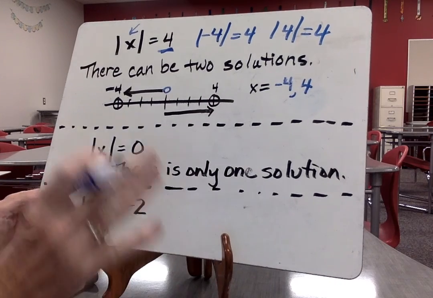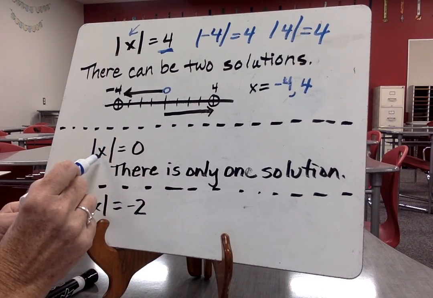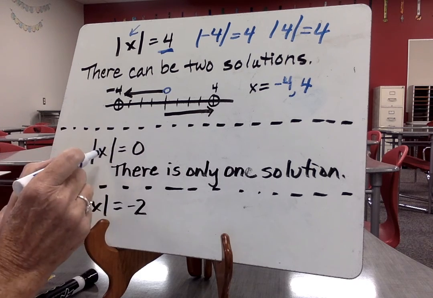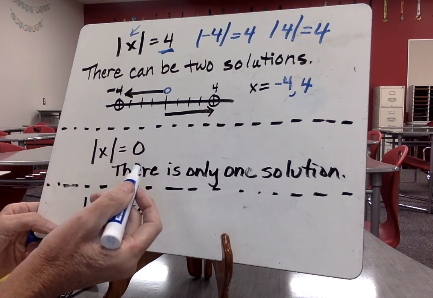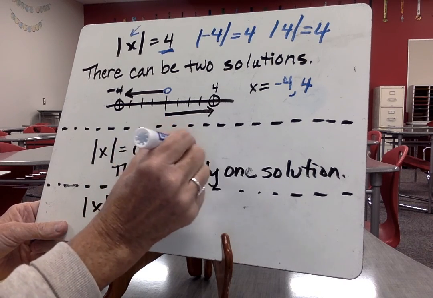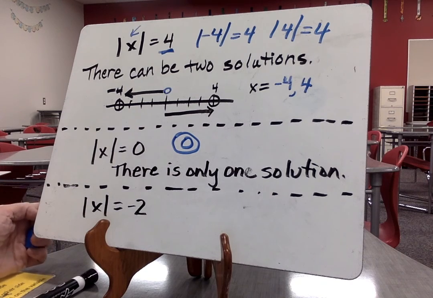Now, when you have absolute value of x equals 0, there's only one solution. What's the distance 0 is from 0? The only solution is 0. There's not going to be a positive and a negative answer there.